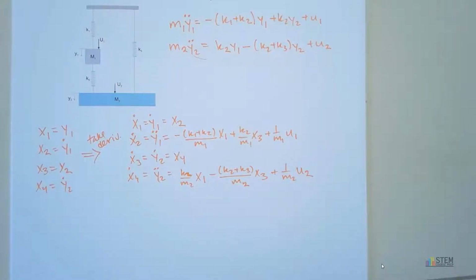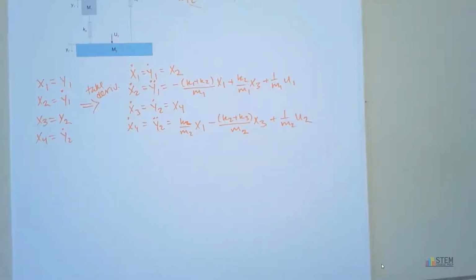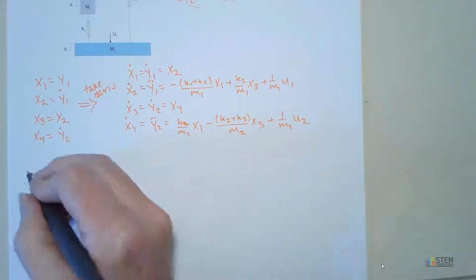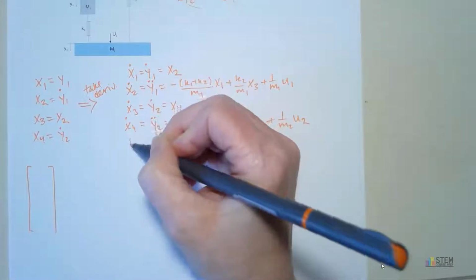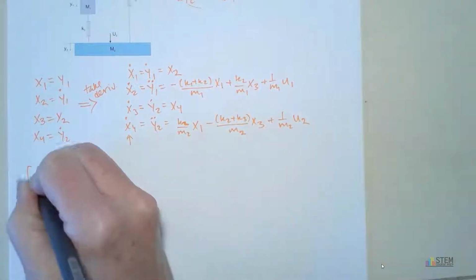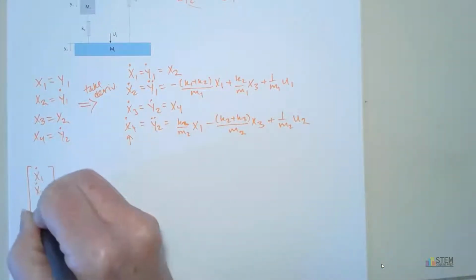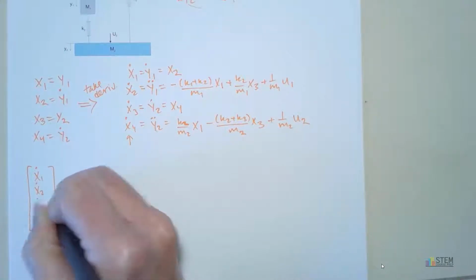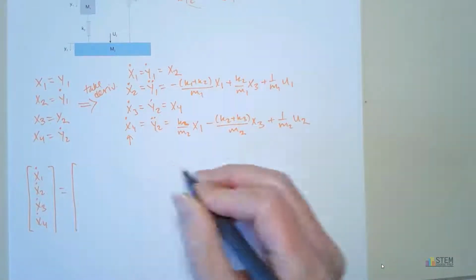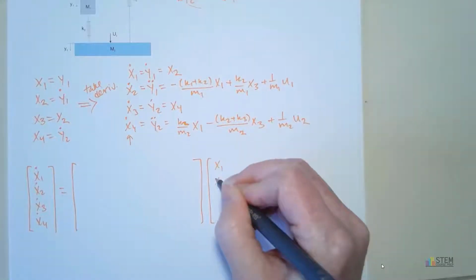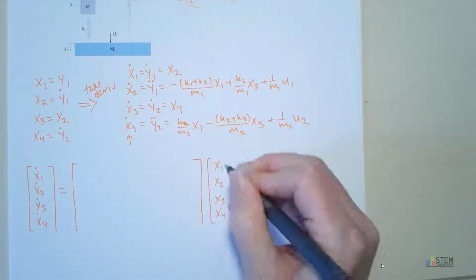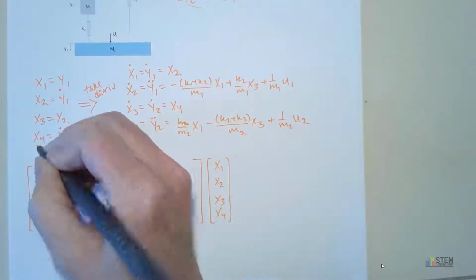Okay, so now let's put it in matrix form. So we're going to have x dot over here on the left. So that's just basically this column right here. So just write those out. And then that's going to equal a matrix A times matrix X. Matrix X is this column right here.